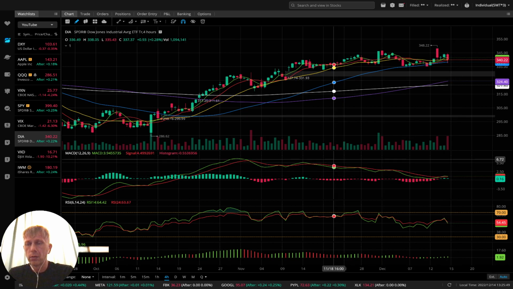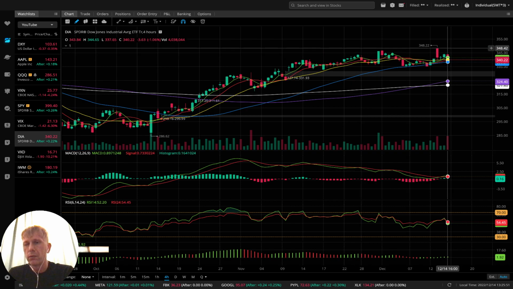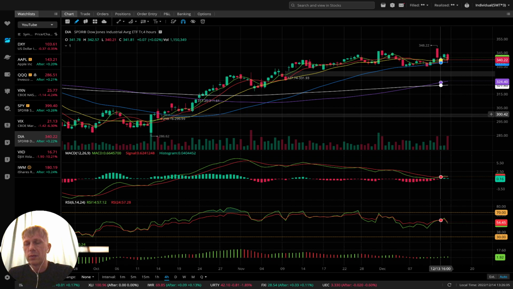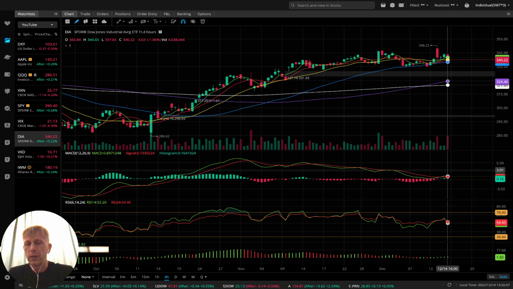Even if in price it makes a new high from this, I mean recent high, not all-time high, it will still create bearish divergence. It will go down.